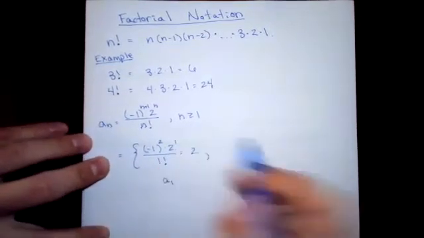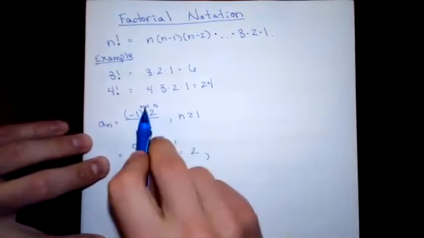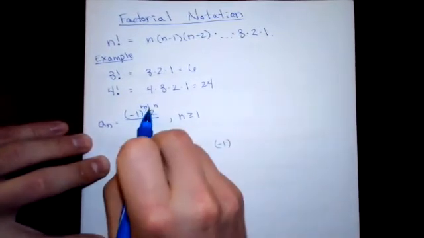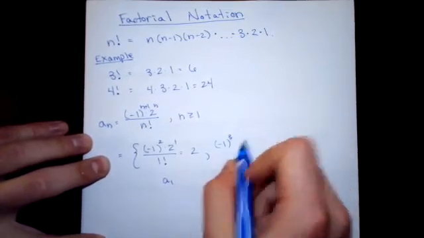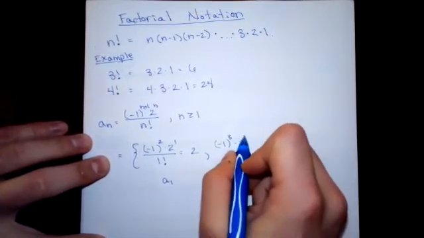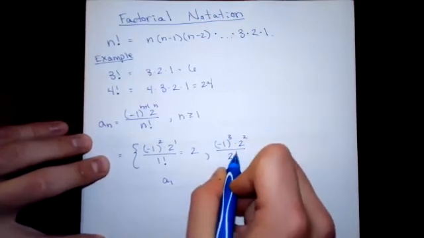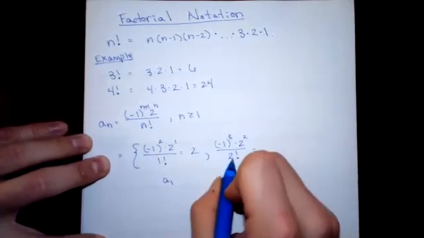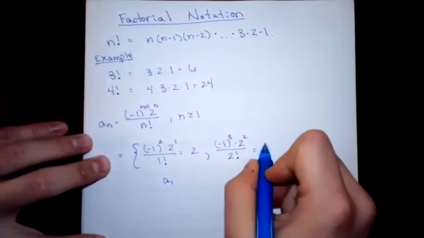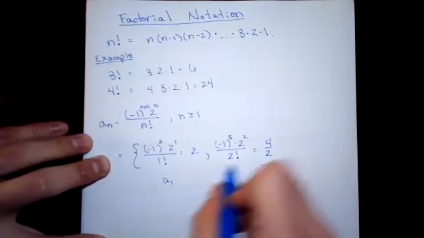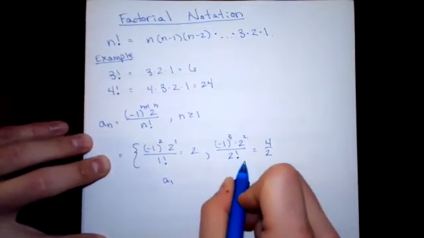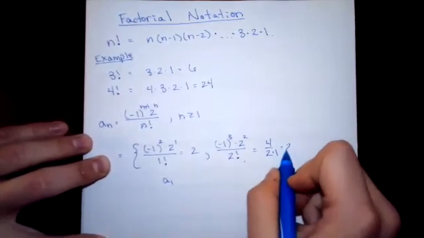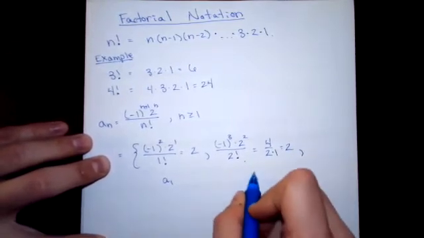My second term, a_2, we're just plugging in 2 for n. We will have negative 1 to the 2 plus 1, which is 3, times 2 squared over 2 factorial. That gives me a negative, with 4 in the numerator, divided by 2 factorial, which is 2 times 1. And so we will just get negative 2 for that second term.